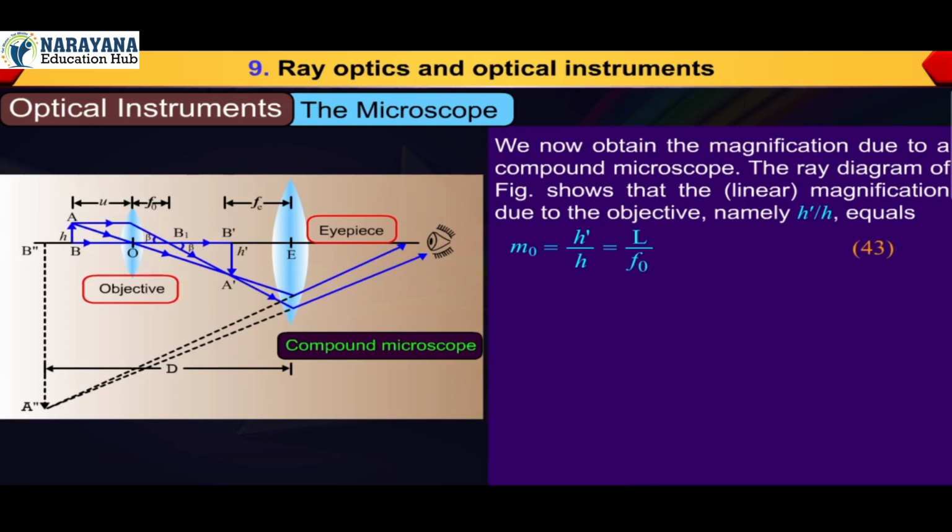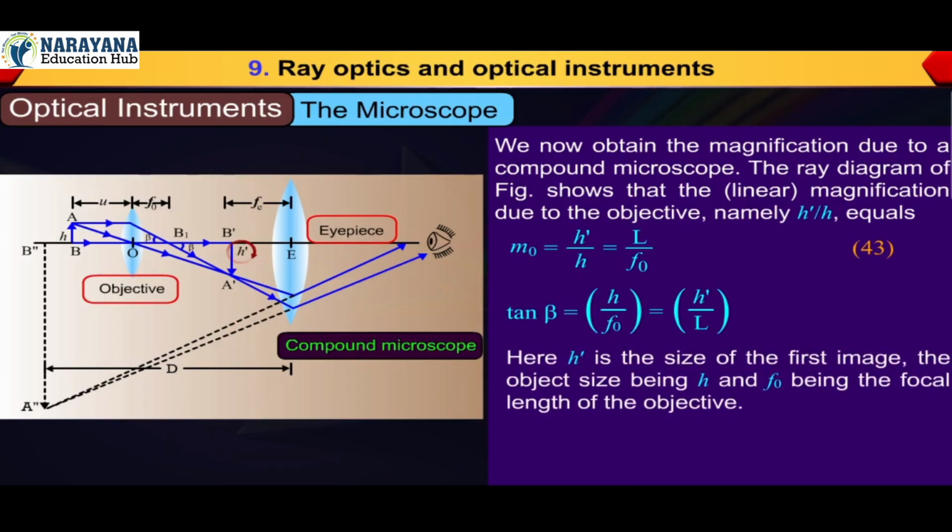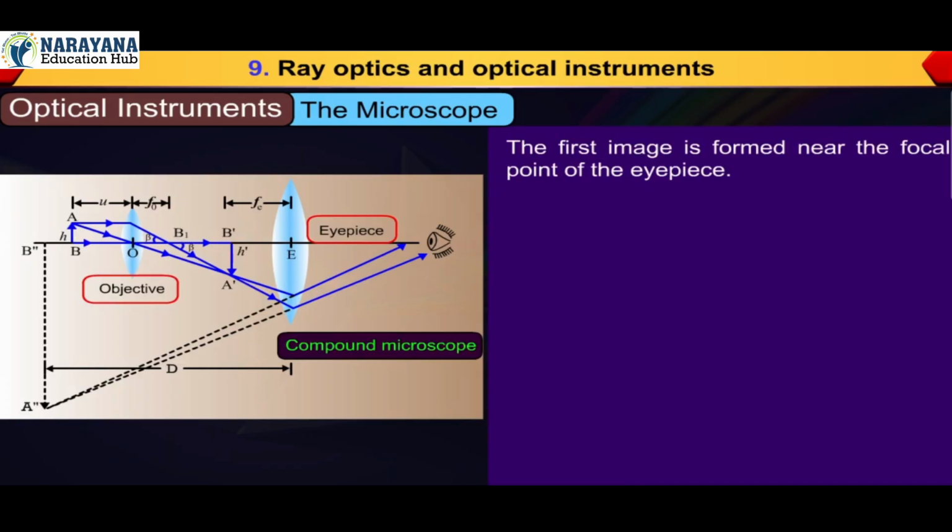Equation 43, where we have used the result tan β = h/f0 = h'/L. Here h' is the size of the first image, the object size being h and f0 being the focal length of the objective. The first image is formed near the focal point of the eyepiece.